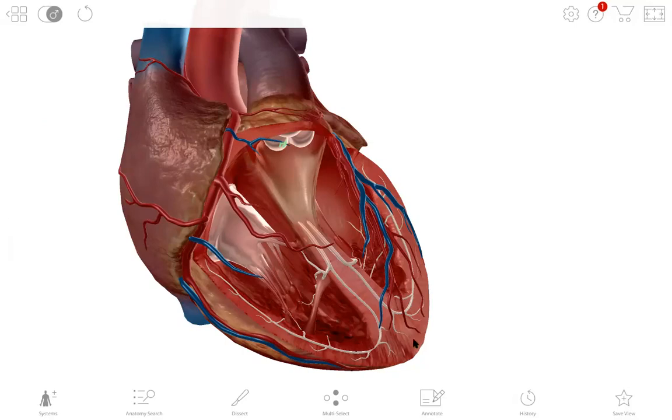I have another anatomical surface landmark, which is the position of the nipple. In males it can be detected at the fourth intercostal space, while in females it is variable according to the size of the breasts.